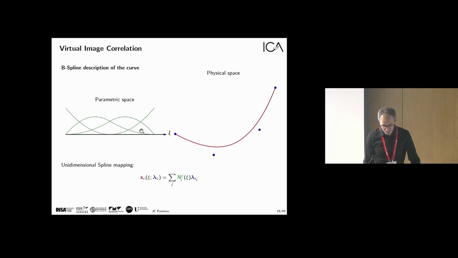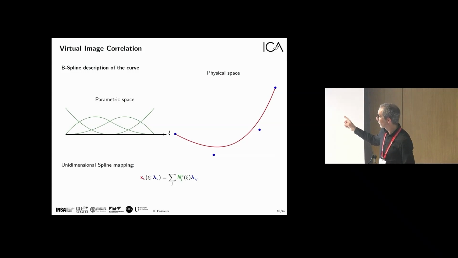You have shape functions. For instance, you have here 4 shape functions in the xi direction. And you can build a geometry, the red line here. For instance, if you take a point in the xi direction there, to know its position in the physical space, you just have to evaluate all the shape functions at this very point xi and multiply each shape function by the position of the control point. It's a bit like in finite elements with the nodes and the shape functions.